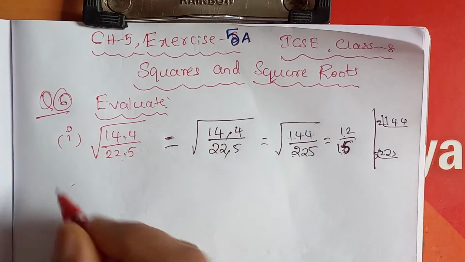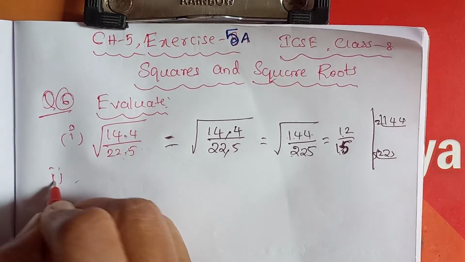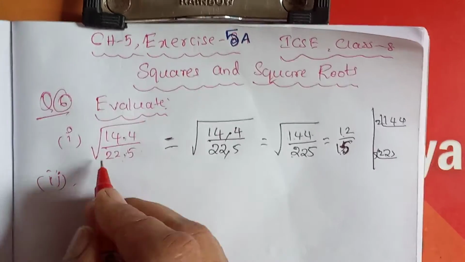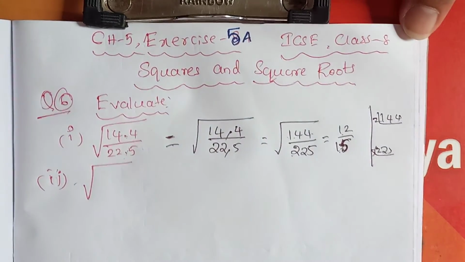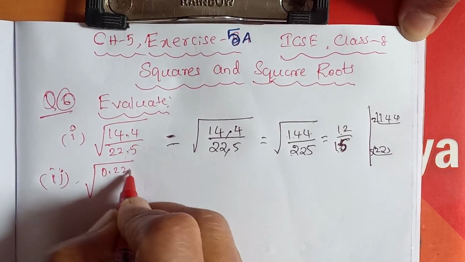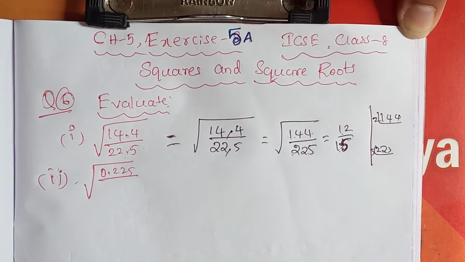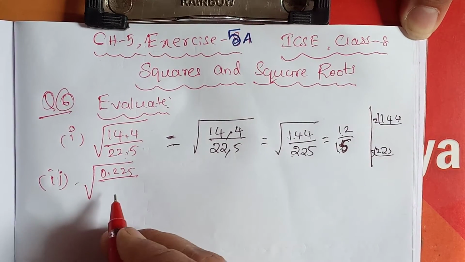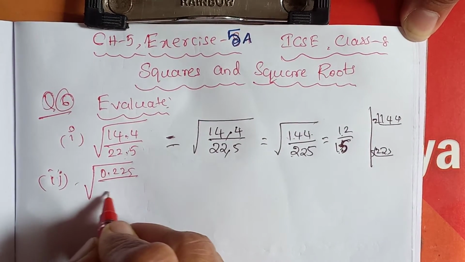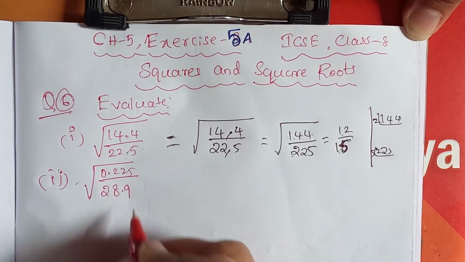And the second question is square root of 0.225 by square root of 28.9.